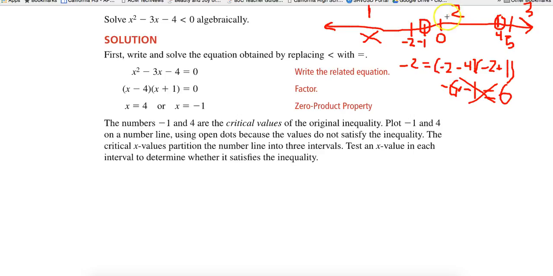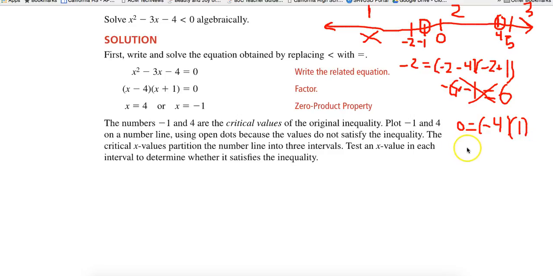Now, let's pick a point from our middle region. We'll go ahead and pick 0. And let's go ahead and we'll do 0 minus 4. So I'm just going to do the math right here. So we'll get 0 minus 4 is -4, and we get 0 plus 1 is 1.